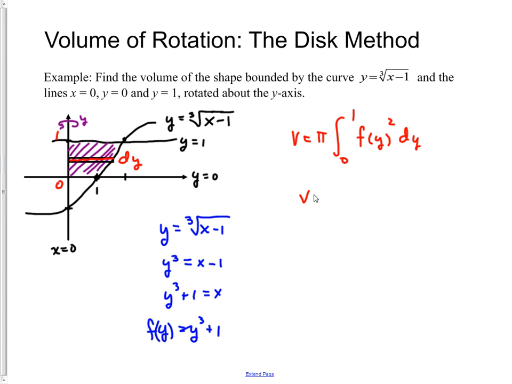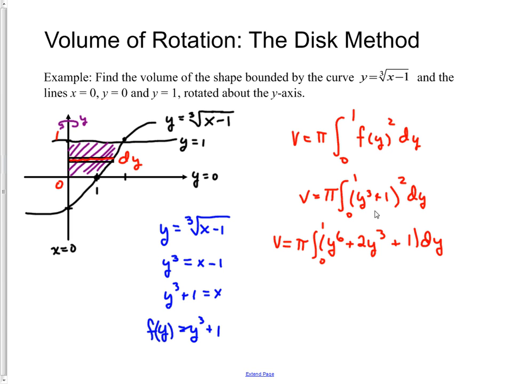So we're going to take our volume to be pi times the integral from 0 to 1 of the quantity y cubed plus 1 squared dy. Well, we're going to have to rewrite this by expanding. Expanded, y cubed plus 1 times y cubed plus 1 would be y to the 6th plus 2y to the 3rd plus 1.